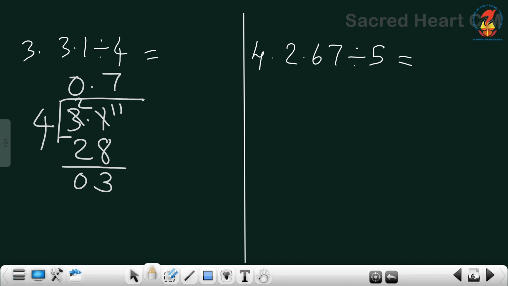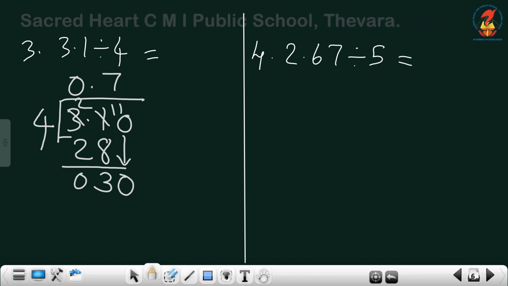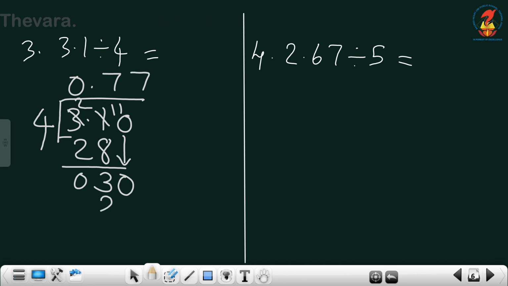So what do I want to do? I need to add one 0 in the dividend, and I can take the 0 down. Then it will become 30. And 4 into which number equals 30? 4 7s are 28.